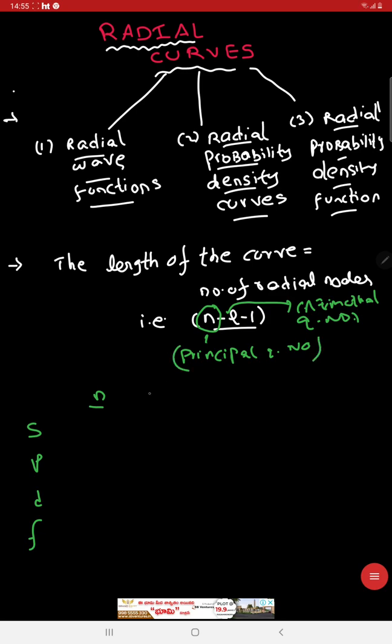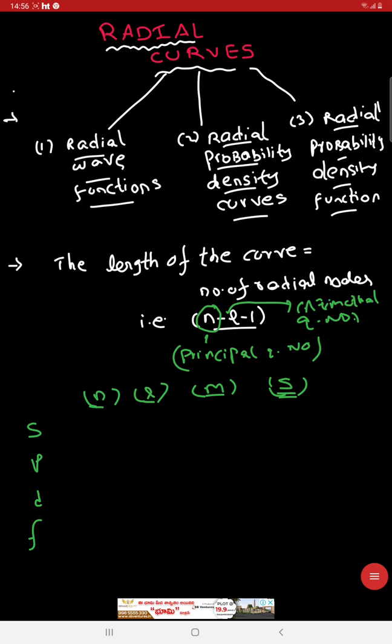I am writing n, l, m and s in a particular table. This is a quantum number table, and it can be written for s, p, d, f.